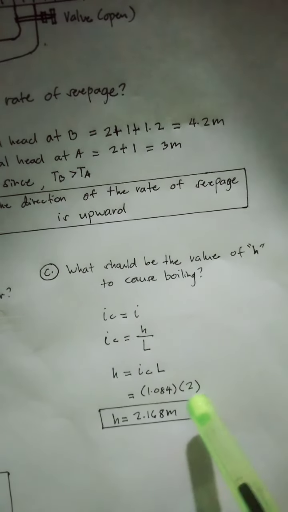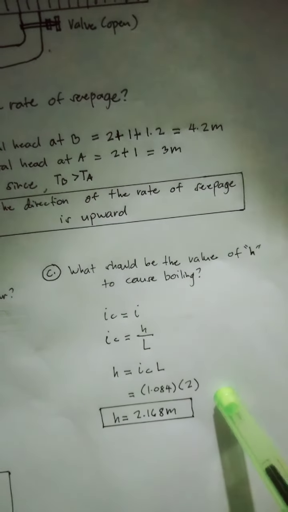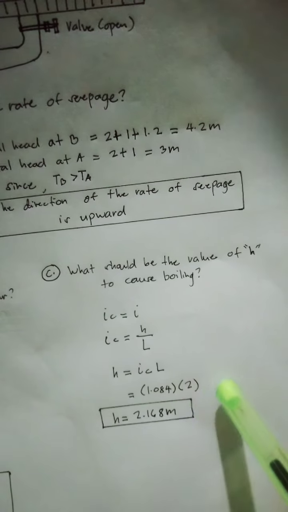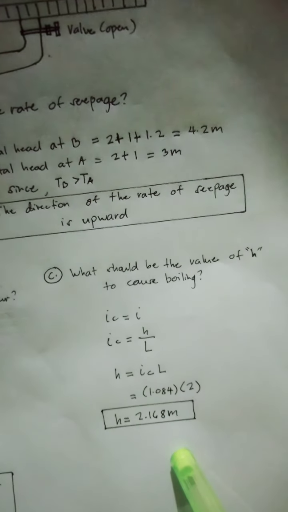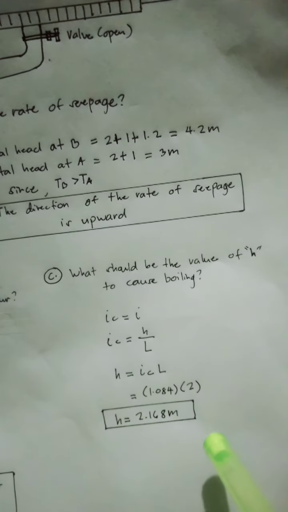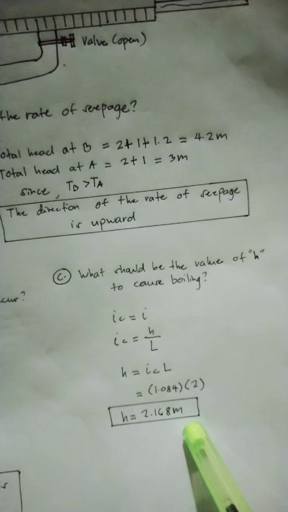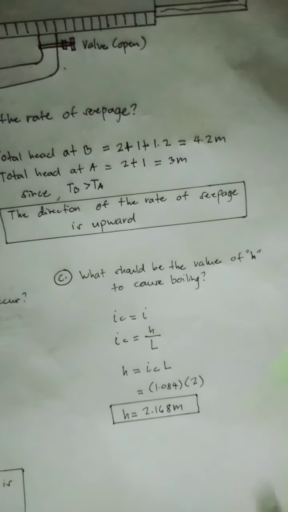Since we already got the critical hydraulic gradient, which is equal to 1.084, times the length, which is 2, the value of H to cause boiling is equal to 2.168 meters. Thank you.